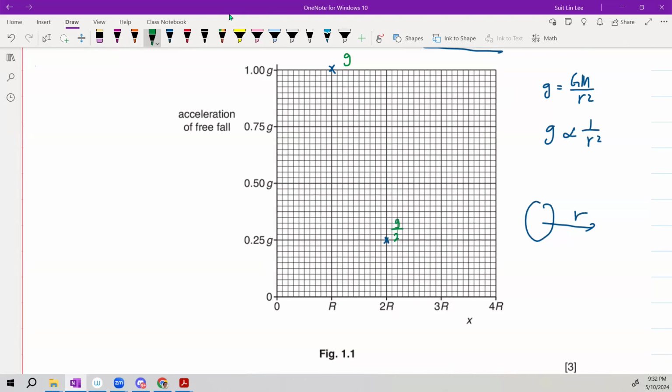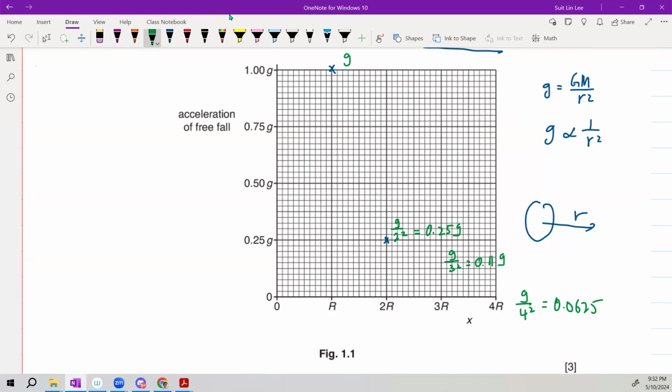This is g over 2 squared, which is 0.25 g. g over 3 squared will be 0.11 g. Then at this point, g over 4 squared would be 1 over 16, 0.0625.